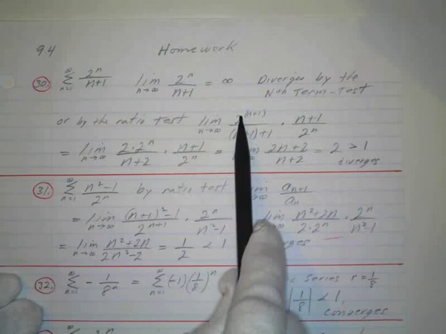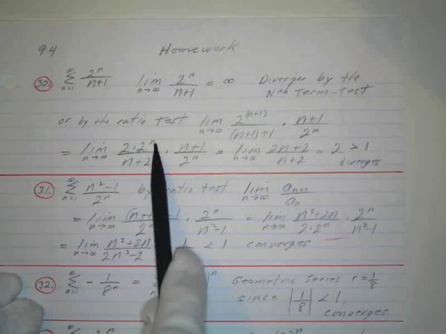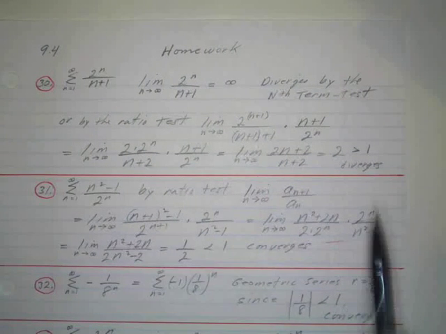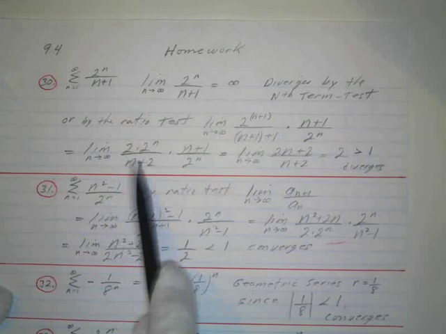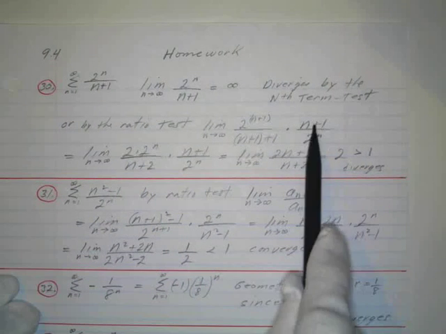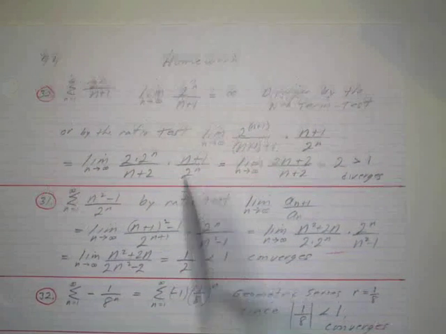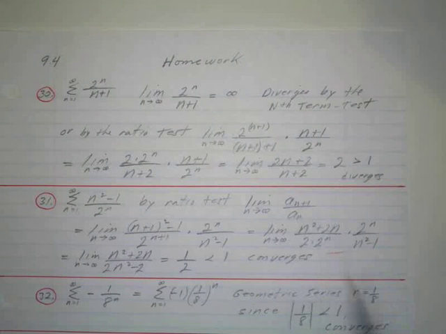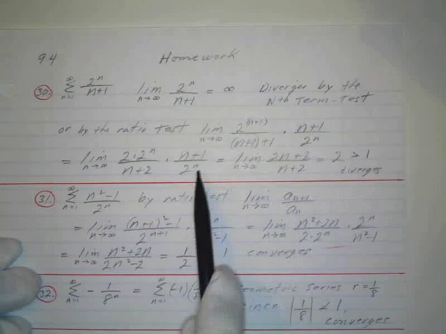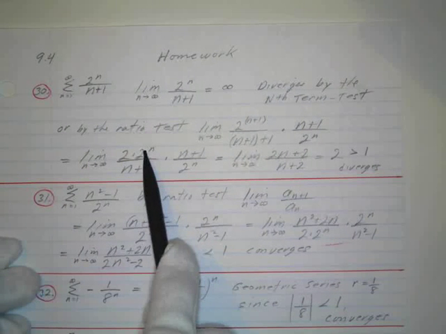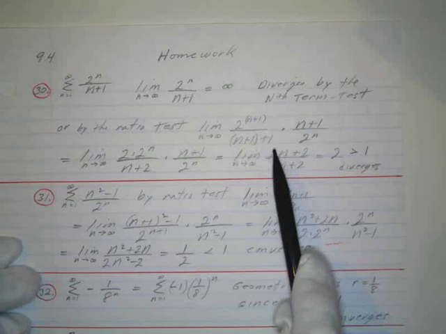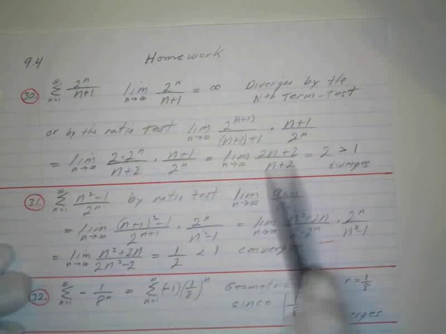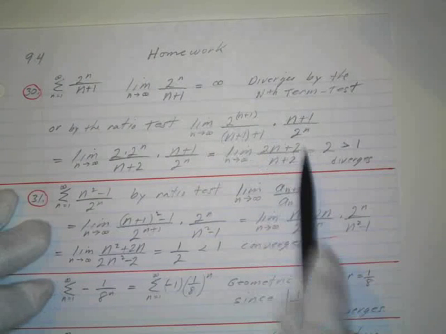And then I can take this 2 to the n plus 1 and write it as 2 times 2 to the n, and n plus 1 plus 1 is n plus 2. And this is my n plus 1 over 2 to the n, my reciprocal of the denominator. And these 2 to the n's cancel, so it leaves me with 2 times n plus 1. Multiplying it out, 2n plus 2 over n plus 2.